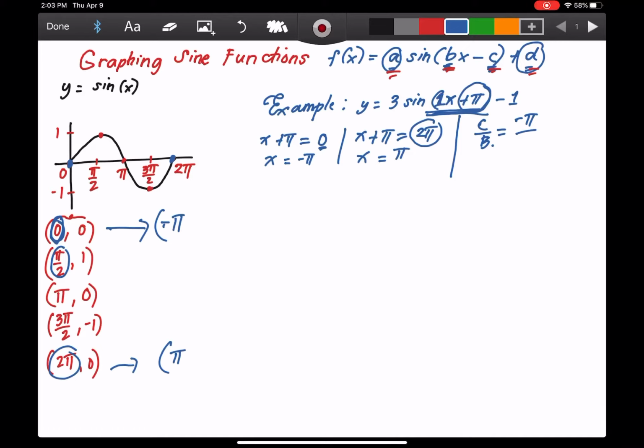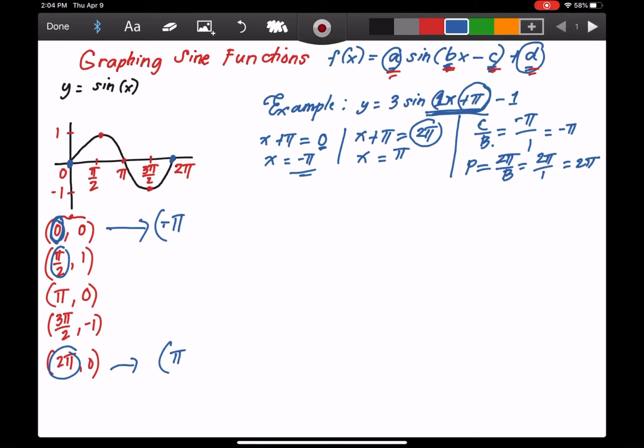So we have negative pi over 1, that's negative pi. So same. Okay, now how do we end that? We can get the period first if you want, and the period is given by 2 pi over b. So 2 pi over b, our b is 1, right? So that's 2 pi.